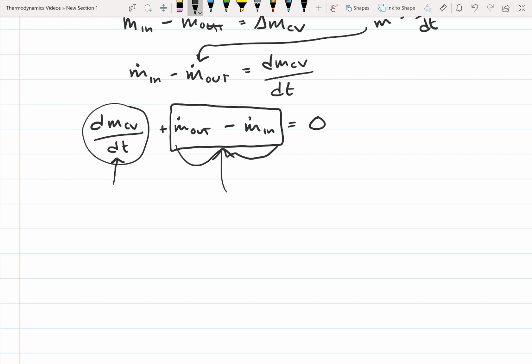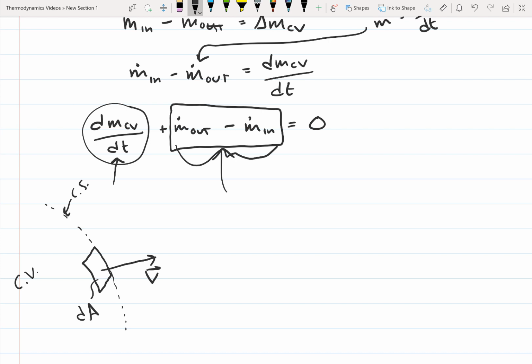So let's just look at a surface of our control volume. Let's say that this is the surface of the control volume, and this is a differential area on the surface, so dA. This is our control surface, and then our control volume. And let's say that we have some fluid that's flowing through this surface with some velocity.